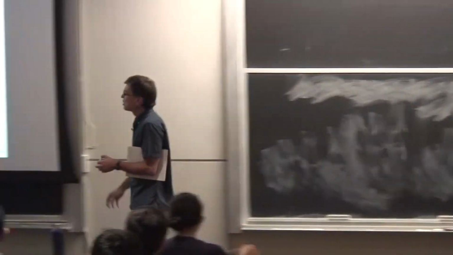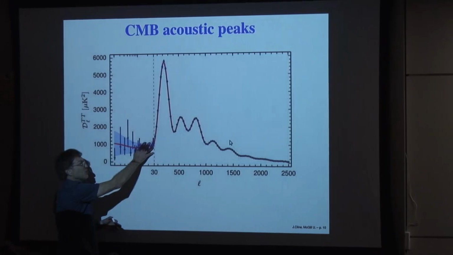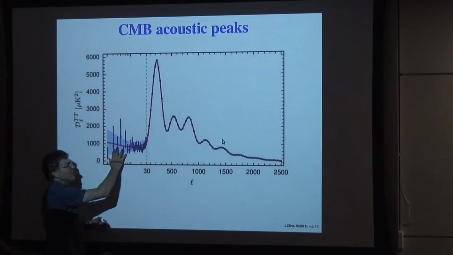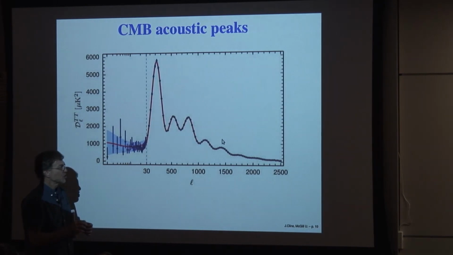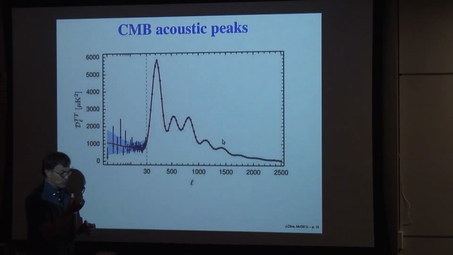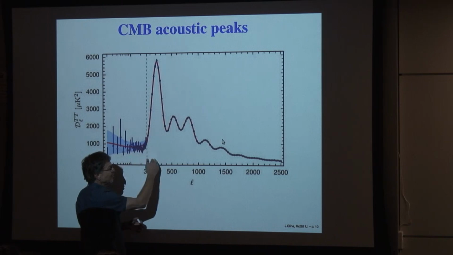So long enough wavelength gravity waves give a contribution to the temperature fluctuations. And it's a contribution which only exists in this region, because for higher L, those wavelengths are getting redshifted after recombination, and so their effects are dying off.